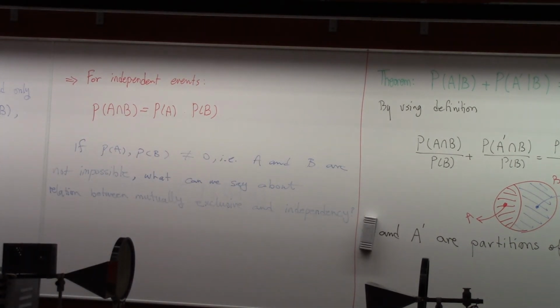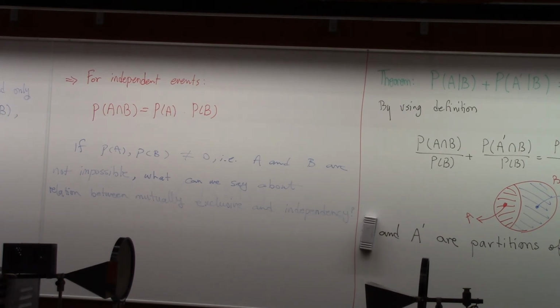So we do not have the impossible event. In other words, P(A) has a number, P(B) has a number, and so on. What can we say about mutual exclusive and independency?